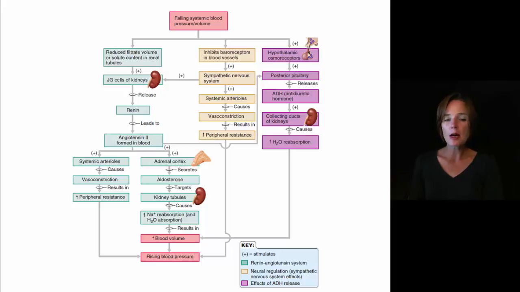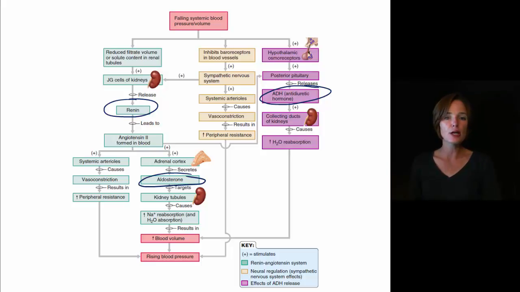But just to point out a couple key things, the kidneys are involved. We have a number of different hormones such as renin and antidiuretic hormone. They will be involved in this. We've got steroids down here like aldosterone. So all of these together are going to work to get the blood pressure back up, and the kidneys certainly play a key role with this process.